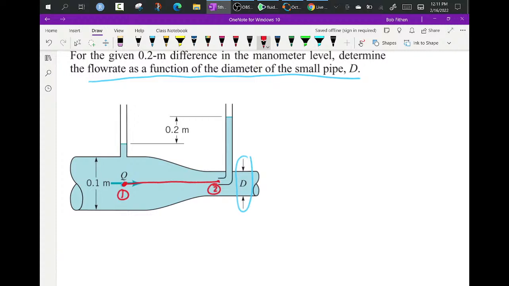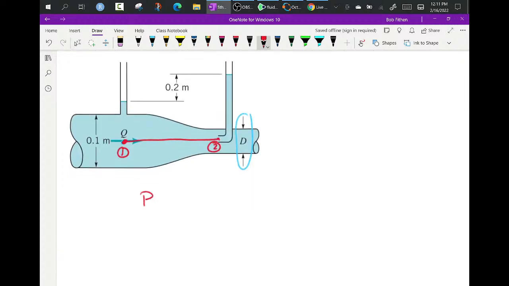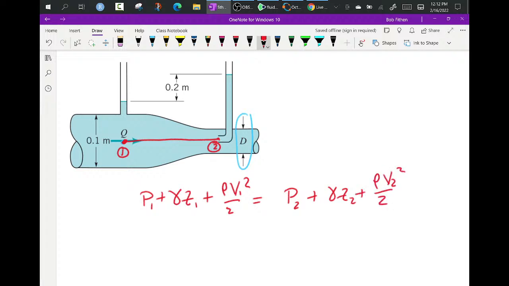So again, P1 plus gamma V1 plus rho V1 squared over 2 is equal to P2 plus gamma V2 plus rho V2 squared over 2. Elevation is the same. So these are equal and therefore can be canceled out.